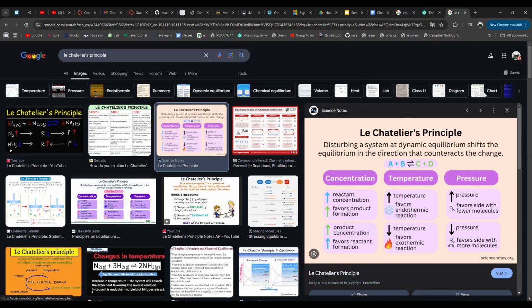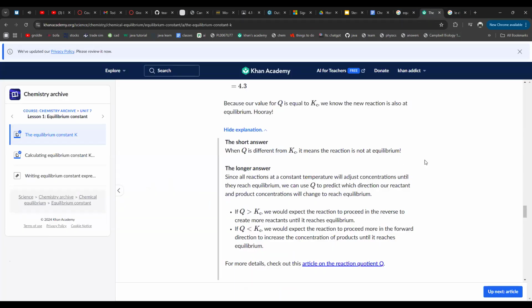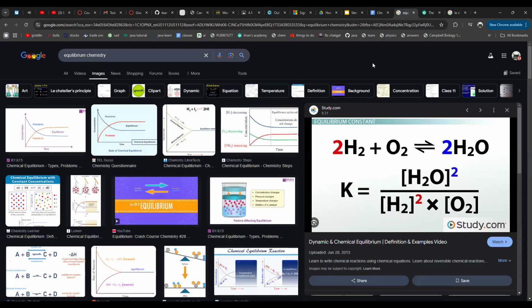And then same with pressure. So let's assume you have a lot of molecules in a really, really tight container. Is the pressure going to be high or low? High, yeah.